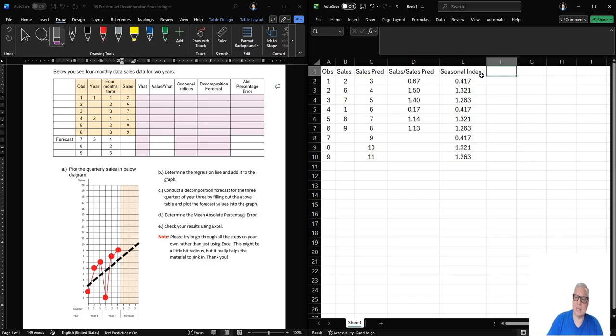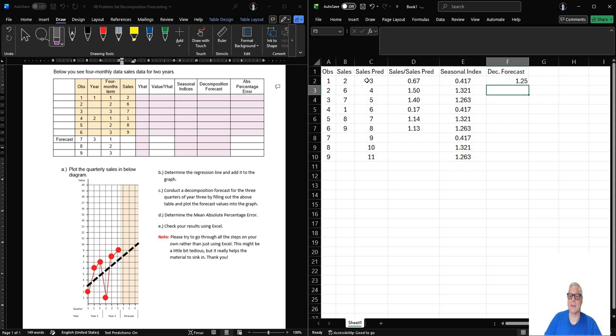So that means our decomposition forecast is equal to the predicted value times the seasonal index.